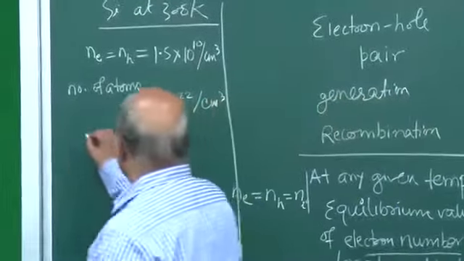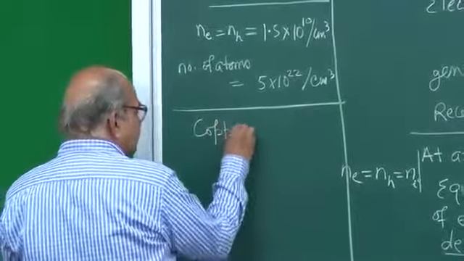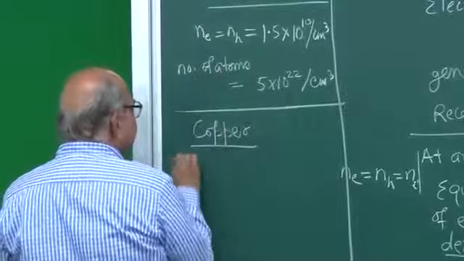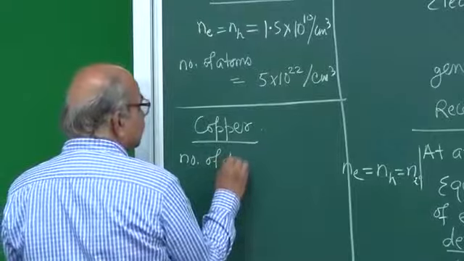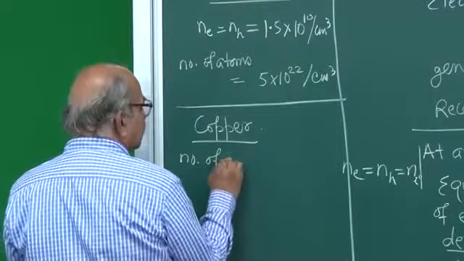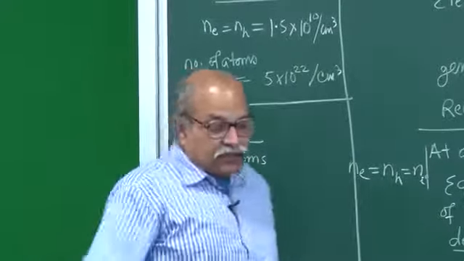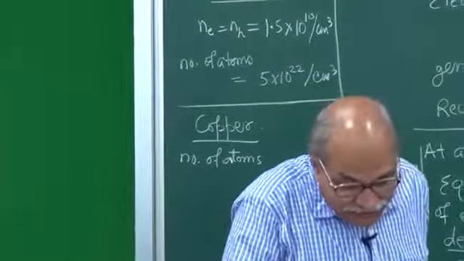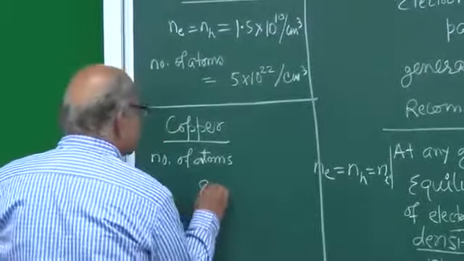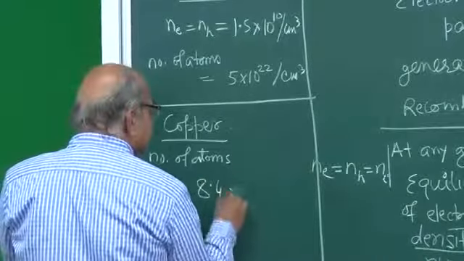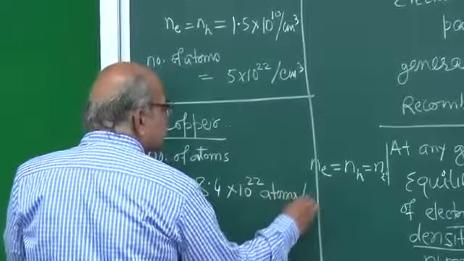But if you compare with a good conductor, let us say copper, the number of atoms per centimeter cube is 8.47 into 10 to the power 22 atoms per centimeter cube.